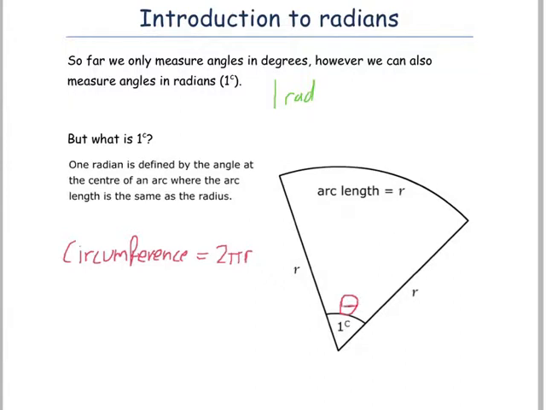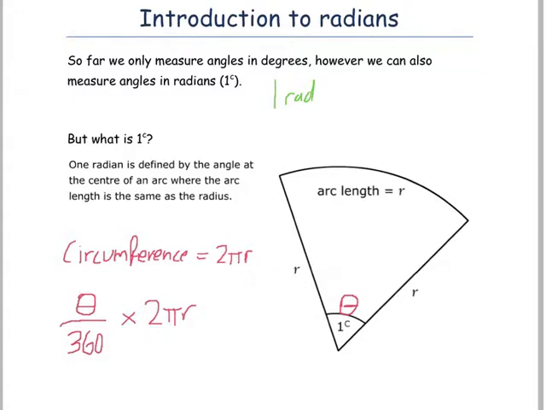So if we wanted to find out what distance the arc length is, we'd have to take the fraction, theta over 360, and times it by our 2 pi r, and that would tell us our value for the arc length.